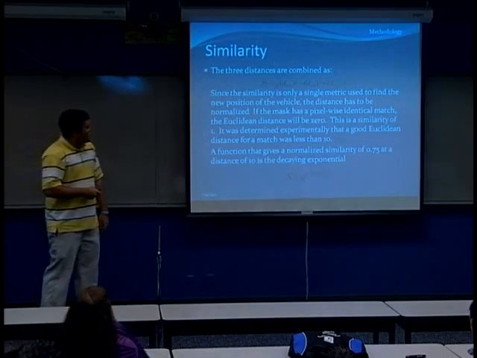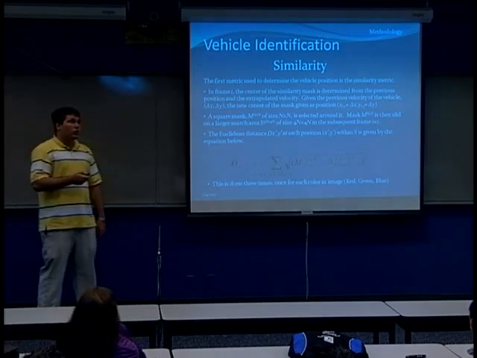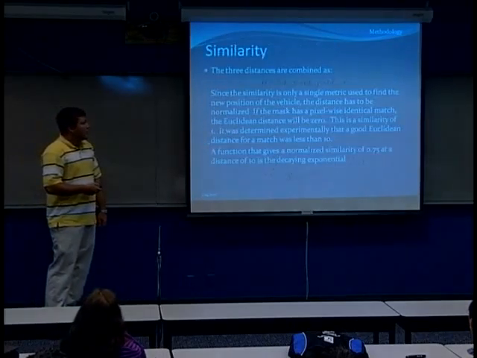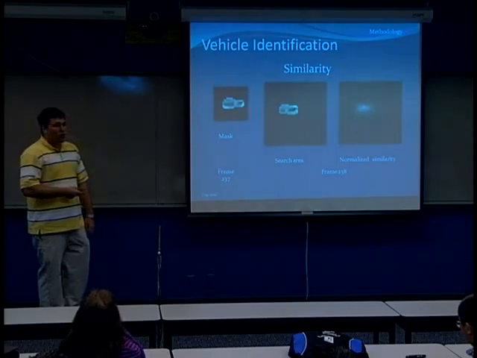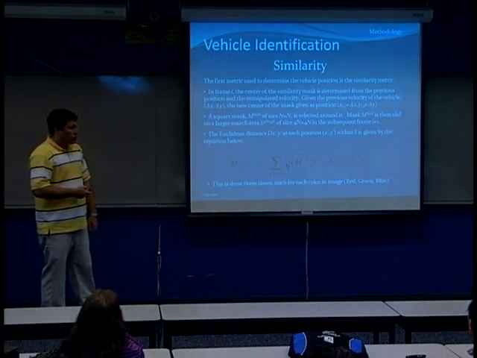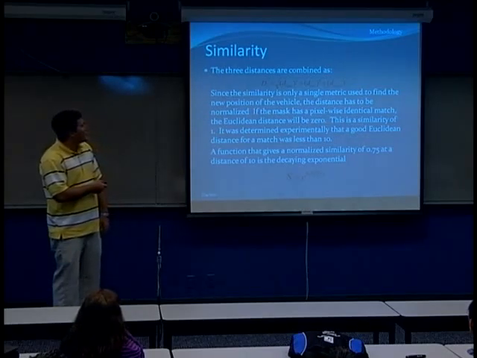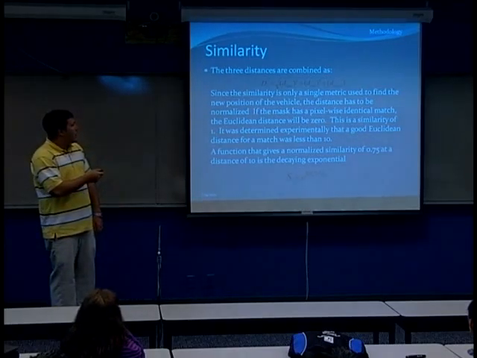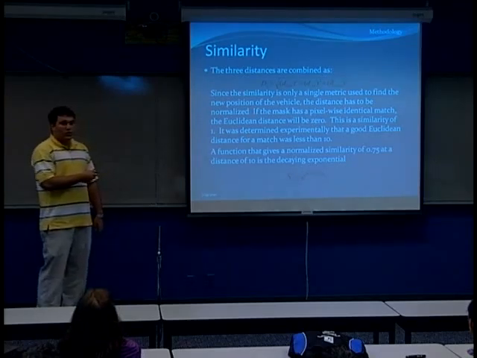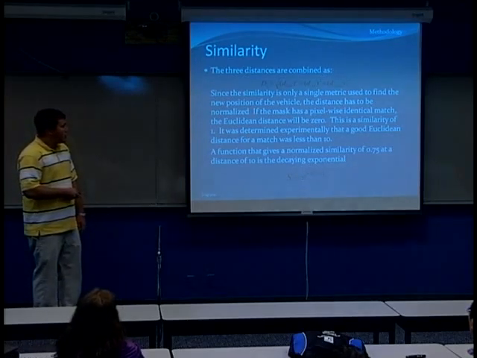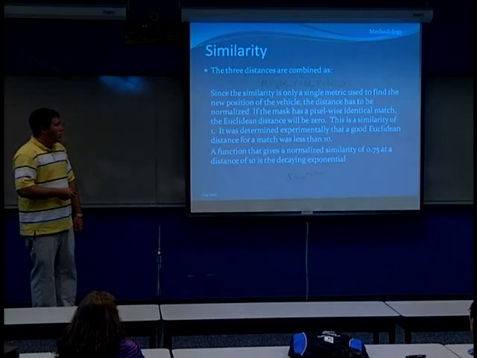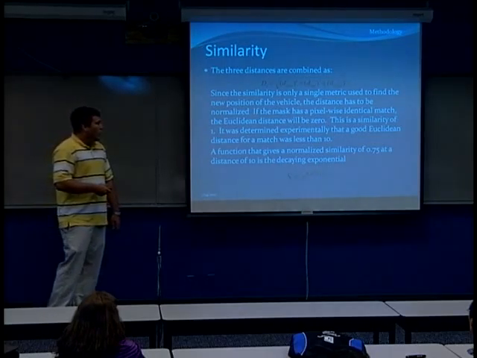So what we decided to do is, and also the other thing is before it was only doing black and white similarity. This time it's actually doing it based on color, in RGB color space. So if it has an identical match, the Euclidean distance will be 0. But then we use this function here to normalize the similarity.